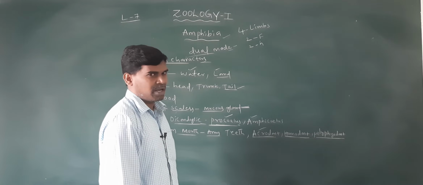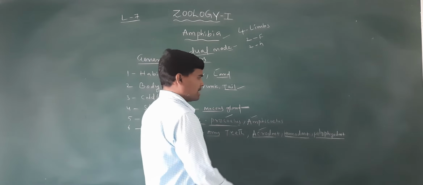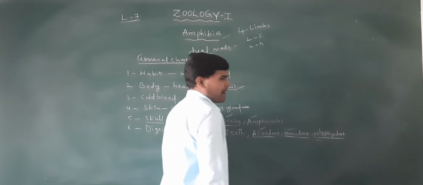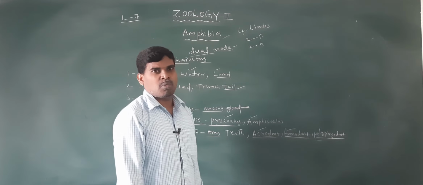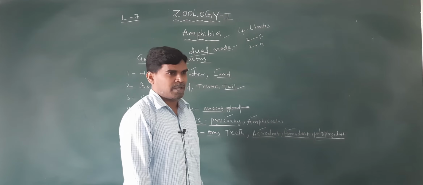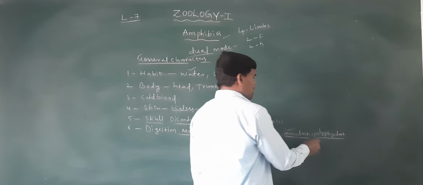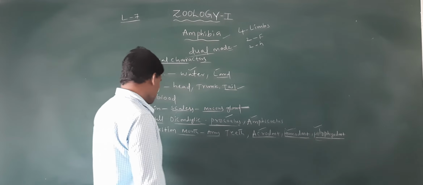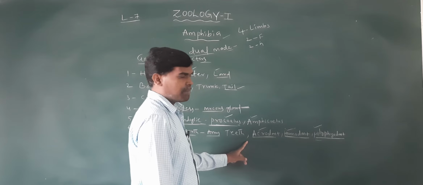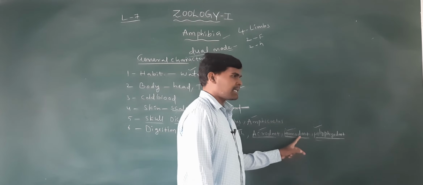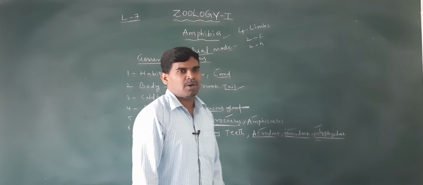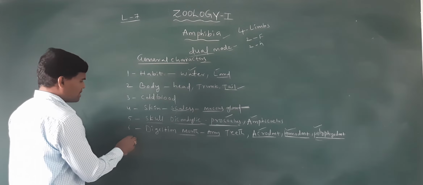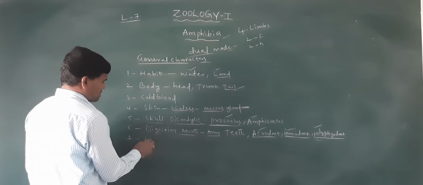Polyphyodont means teeth that originate two or more times in a lifetime. So acrodont, homodont and polyphyodont teeth are present. Coming to the next point, the respiration.